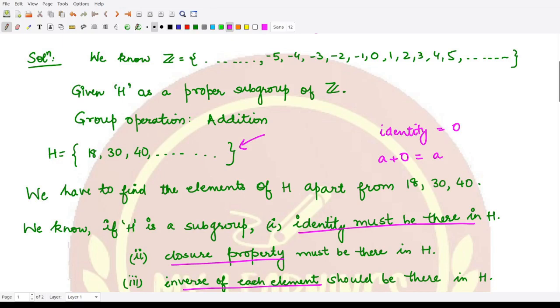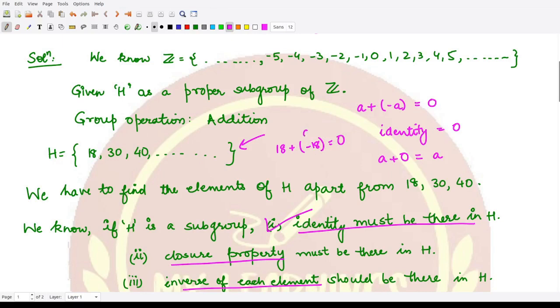What about the inverse of each element? For the inverse of each element, we are looking for those elements such that they give us the identity, right? So it is the negative of that particular integer. For 18, if you add minus 18 to it, you get back 0.